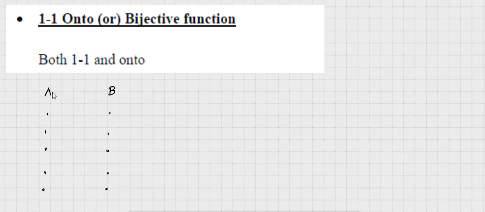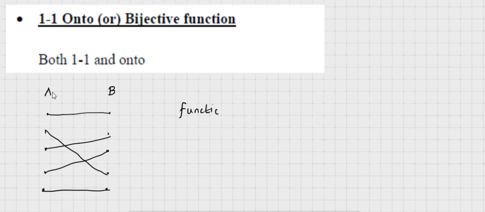Okay, the observation here is this is only possible if both the sets, that is input set and output set, have the same number of elements. If that is not the case, it is not at all possible to define a one-to-one and onto function. Okay, so now I am just defining like this. You can mark wherever you like. See, it satisfies the definition of a function. Function means all the elements are having output and all are having only one output. Okay, function is satisfied. Now one-to-one function.